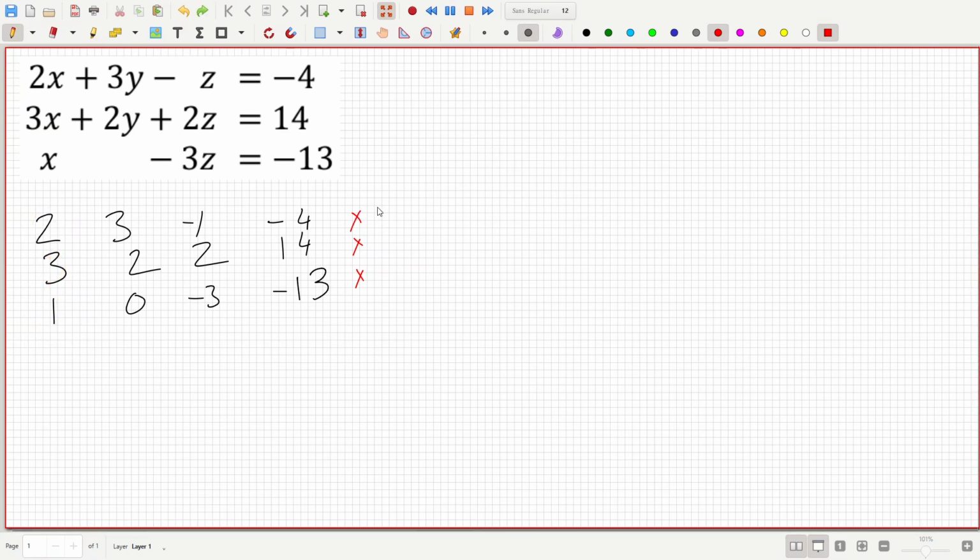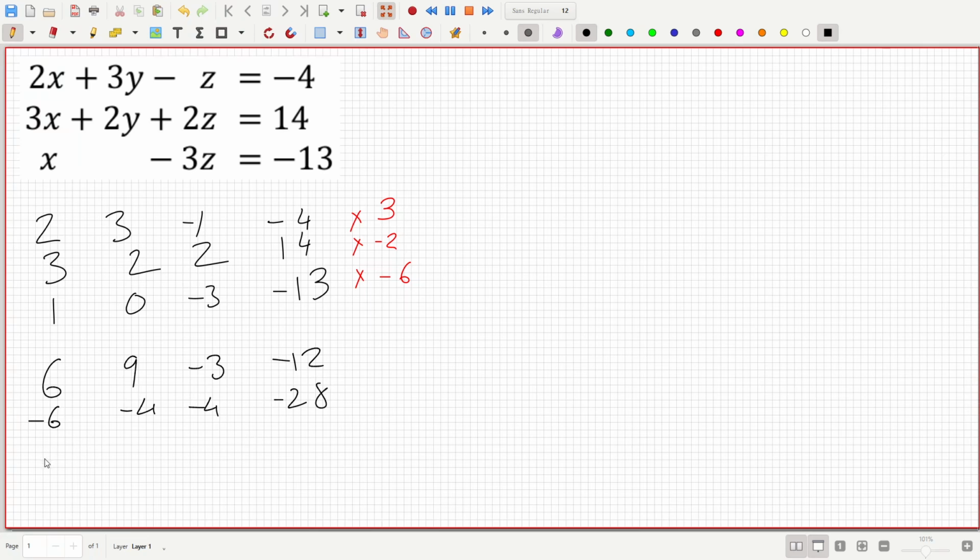So if I was to multiply this by 3, this by -2, and this by -6, what would I get? On the top, I'd get 6, 9, -3, and -12. Multiplying the second by -2, I'd get -6, -4, -4, -28.